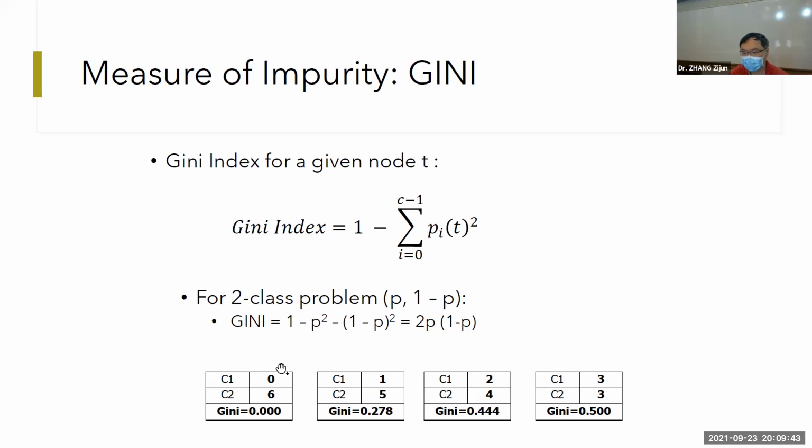Then we look at specific examples. If we have a node of two classes, in this node the number of class 1 is 0, and the number of class 2 is 6. Then what will be the Gini value in this node?